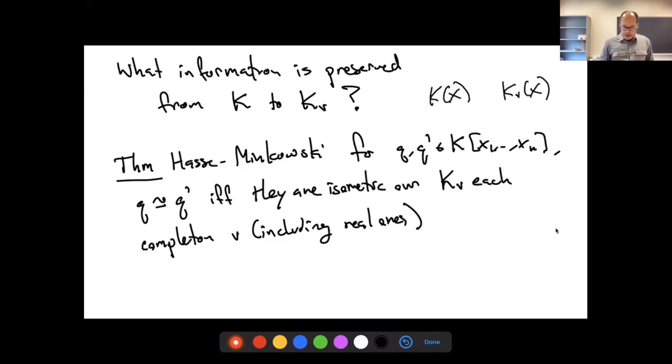To understand how much information might be lost, you might ask, if I have 2 quadratic forms defined over a number field K, and they look the same over each completion, then were they actually the same? If they're the same up to a change of variables whenever you complete, do you lose any information? Were they actually the same originally? And this result of Hasse-Minkowski says, in fact, yes.